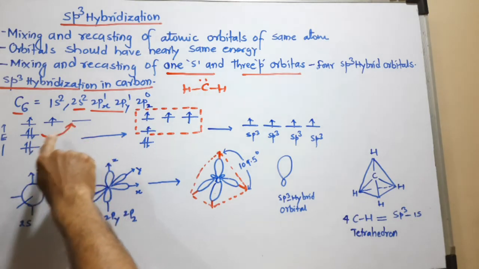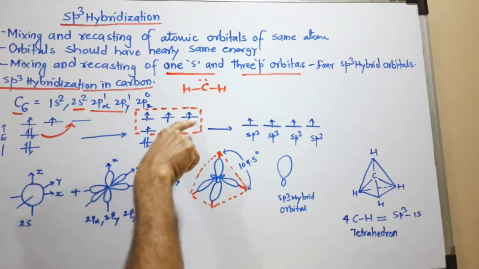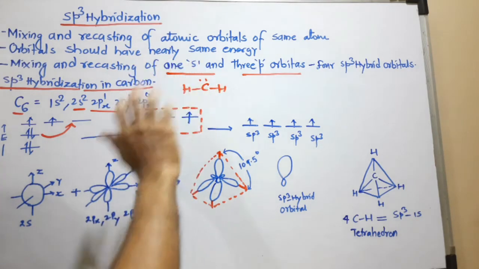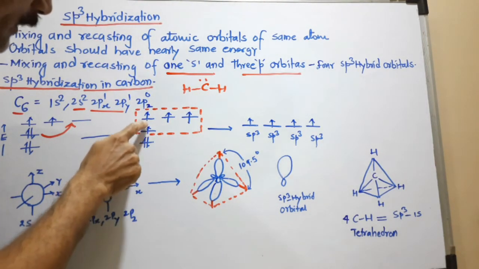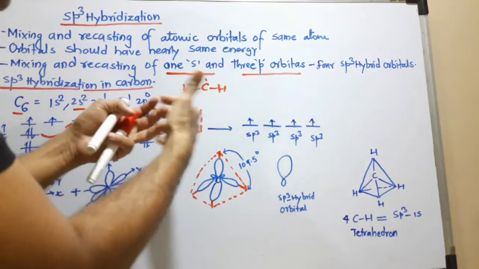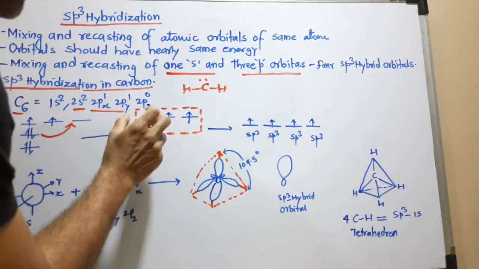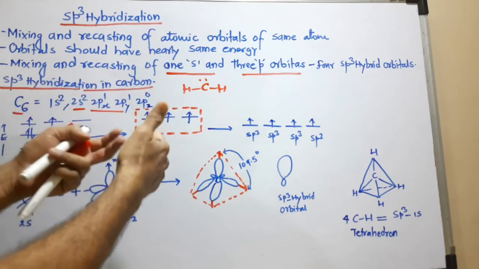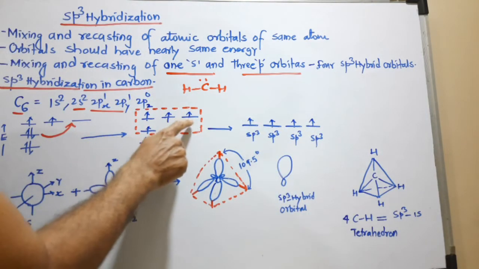After excitation of the electron, you can see now in the valence shell there are 4 unpaired electrons. So 4 unpaired electrons means it can form 4 bonds. So one problem is solved. After that, what happens? The 2s orbital, 2px, 2py and 2pz orbitals, these 4 atomic orbitals, mix together, or undergo hybridization, and we get 4 hybrid orbitals, from s and 3 p orbitals.